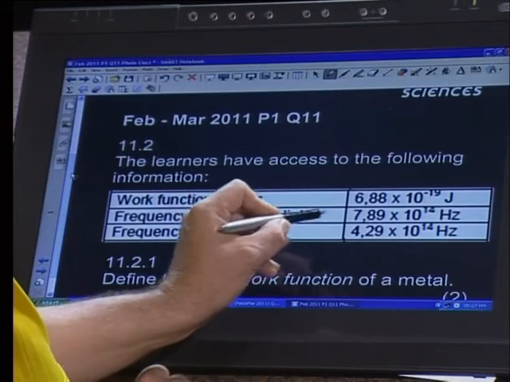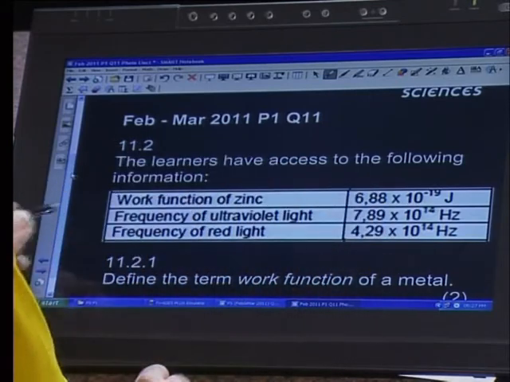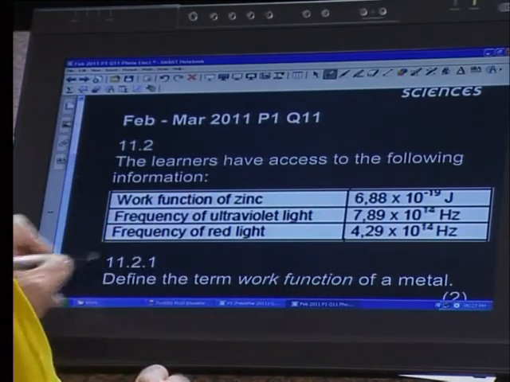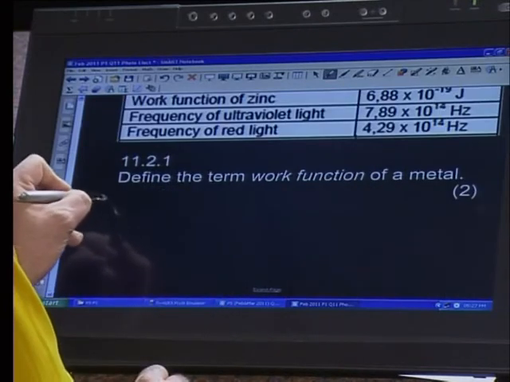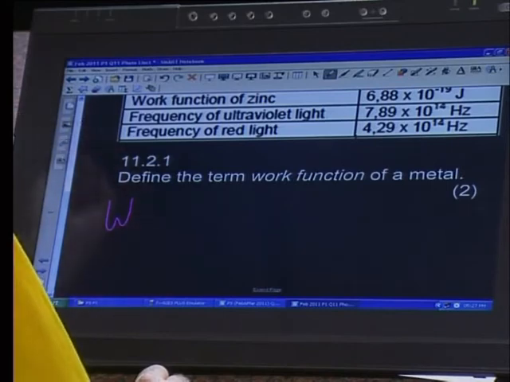The frequency of ultraviolet light is that, and the frequency of red light is that. They then ask you to define what the term work function is. I did this on Facebook, so you can see a more detailed explanation from yesterday's posting. The work function is equal to hf, where f is the threshold frequency.